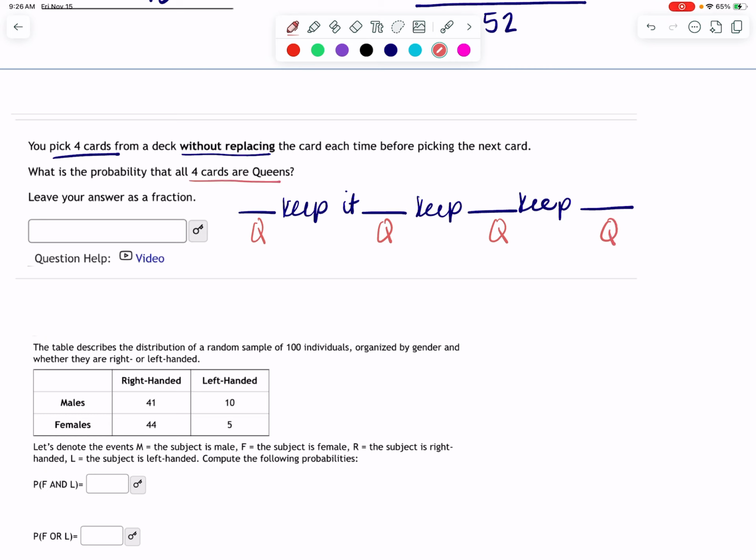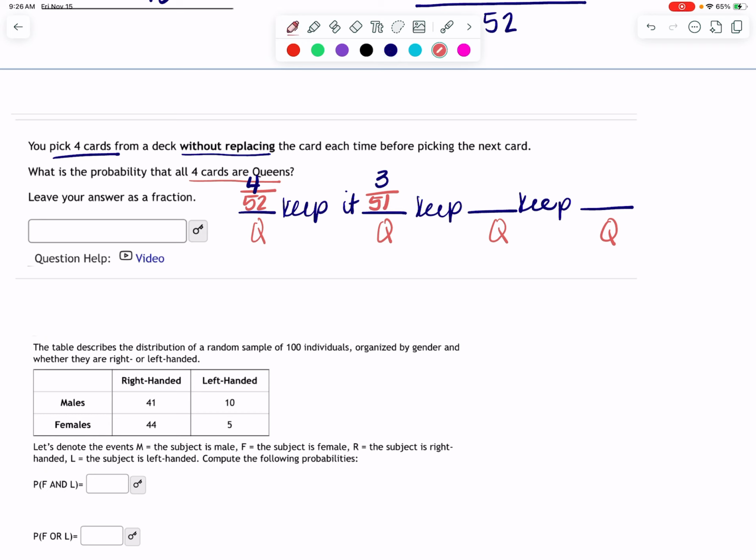That means the first time I draw, I have 52 cards to choose from. And I have 4 queens in the deck. But when I pull it out, I'm not going to put it back. I'm going to keep it. So that means I have 51 cards left, and there are only 3 queens left.